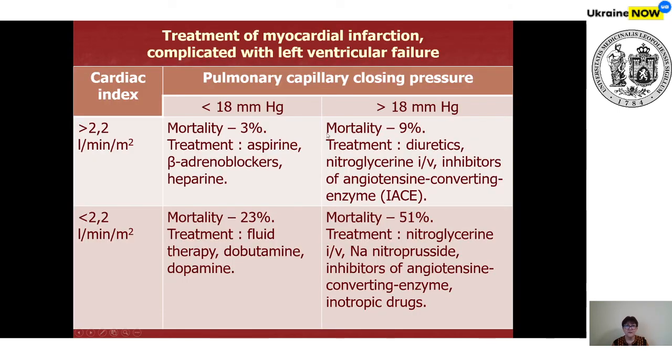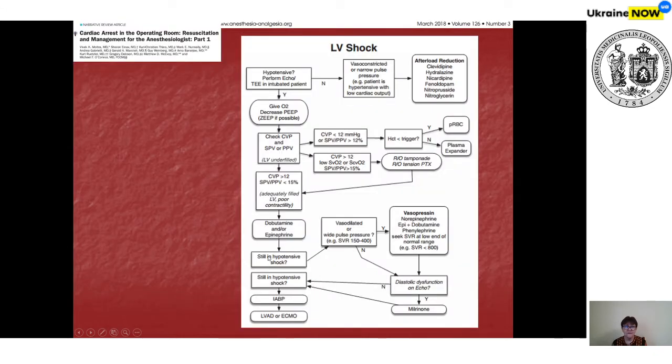This is recommendations for treatment of myocardial infarction complicated with left ventricular failure according to cardiac index rates and pulmonary capillary closing pressure. This is a recommendation for management of patients with left ventricular shock algorithm.